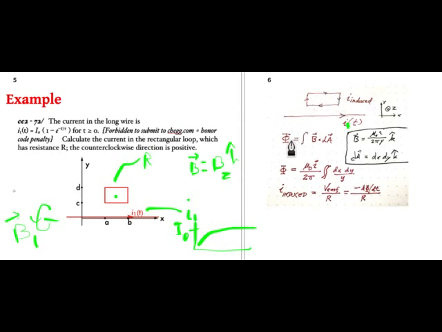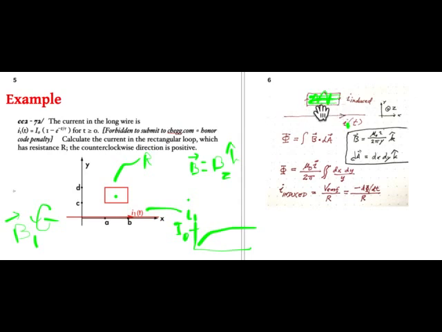Let's calculate the flux through the rectangular loop. So flux is the integral B dot dA. B is in the z direction. And dA is perpendicular to the area, so that's also in the z direction. So the flux pointing out in the z direction is the integral B dot dA over the interior of the rectangle, over the area inside the rectangle.